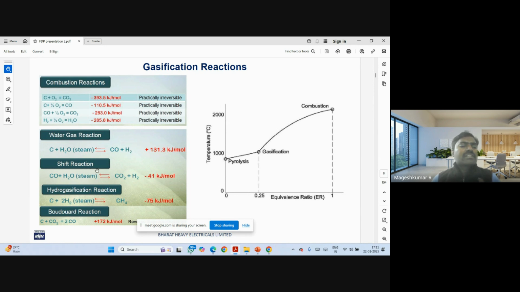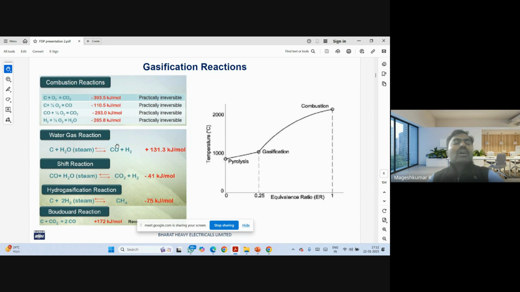Then followed by the hydrogasification reaction, where carbon plus the hydrogen produced from the steam forms methane, again an energy absorbing reaction. Further, carbon plus carbon dioxide gives 2 times carbon monoxide. Here energy is liberated.